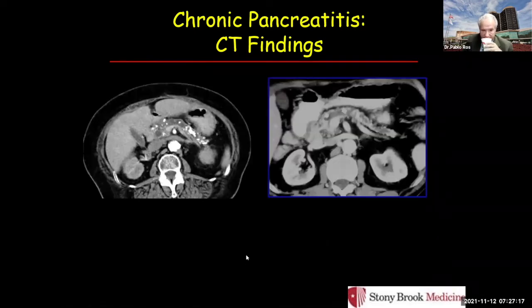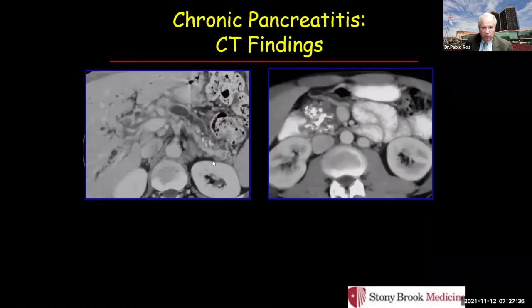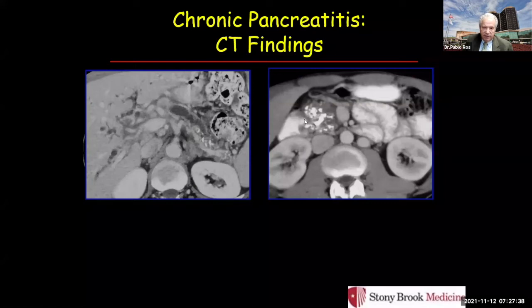So classic examples of chronic pancreatitis with classic atrophy of the pancreas, dilatation of the main pancreatic duct, and multiple chronic pancreatic calcifications. Same here with dilatation of the pancreatic duct, or other examples here, massive calcifications throughout an enlarged pancreatic head.